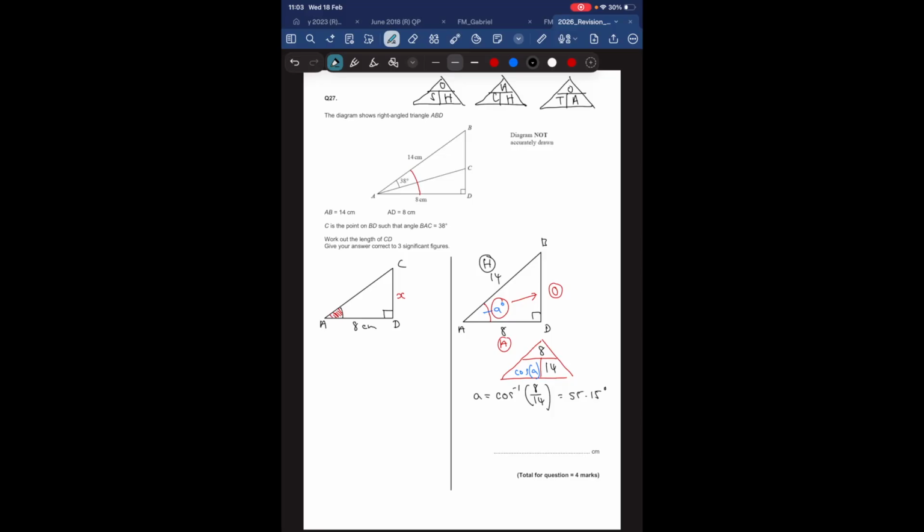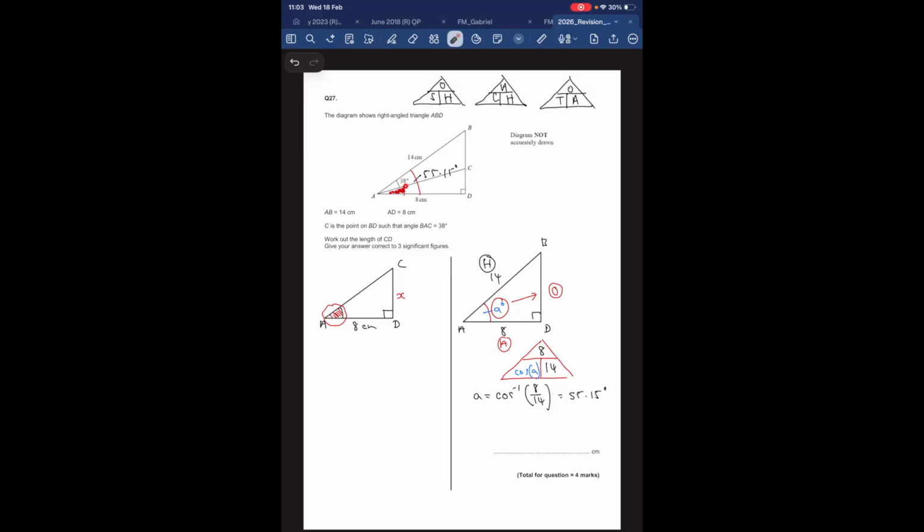So I now know that this red angle here is 55.15 degrees. Now that angle is the whole angle. If I want this little angle here, which I'm marking in the diagram, this little red angle, all I need to do is subtract.